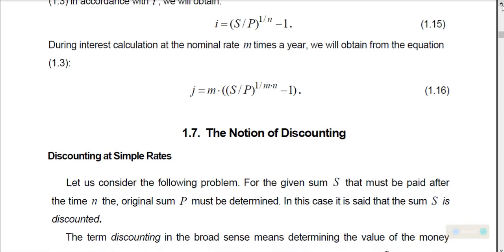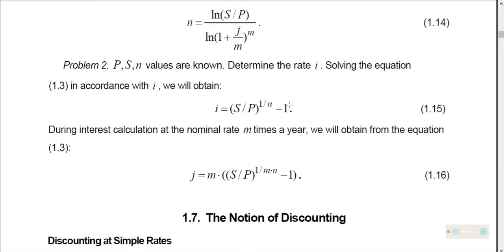Ayan. Paano kung ang nawawala ay si interest rate I?